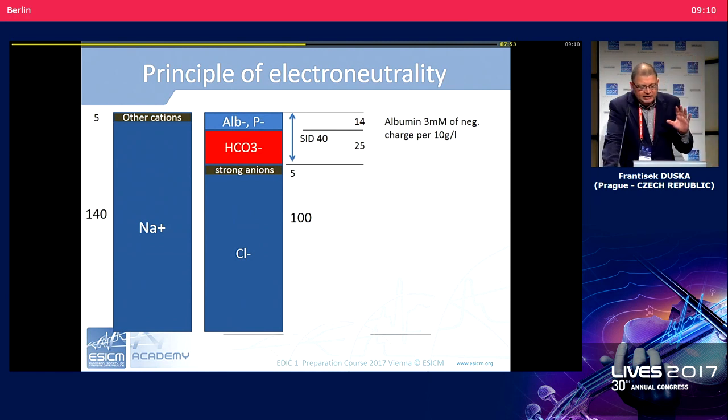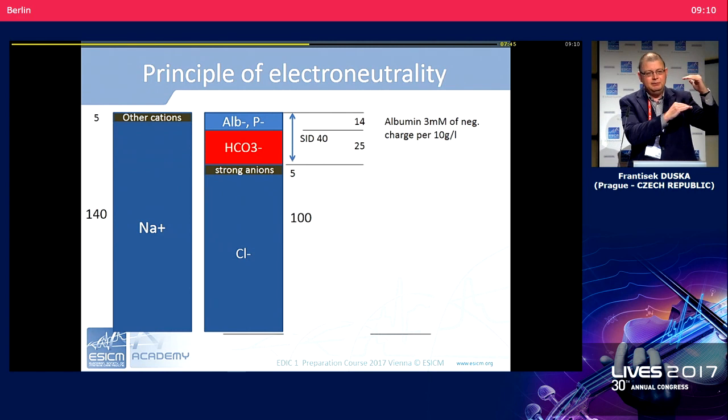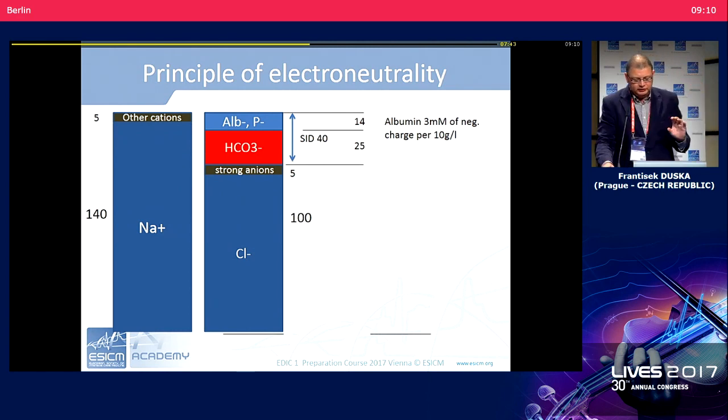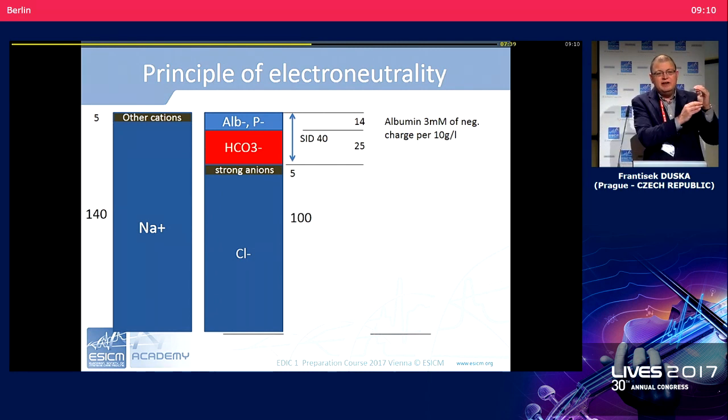So if I simplify it to the difference between sodium and chloride, you can imagine that sodium and chloride create a gap between them. Let's call this gap the strong ion difference. And this gap defines a space which is in principle occupied by only two entities.